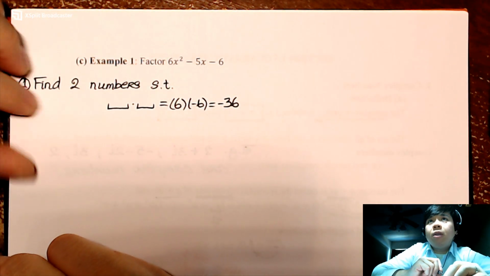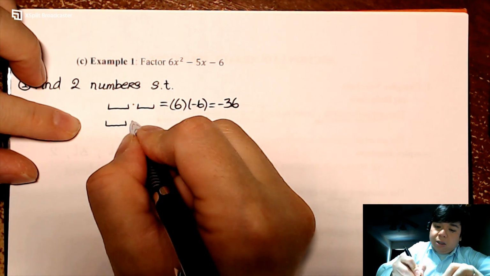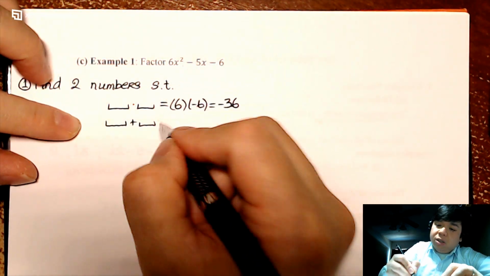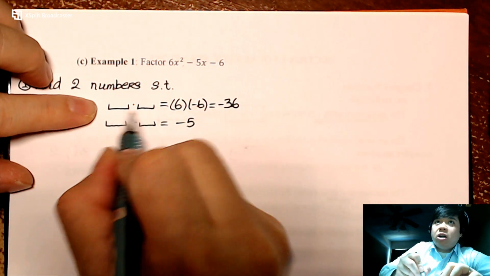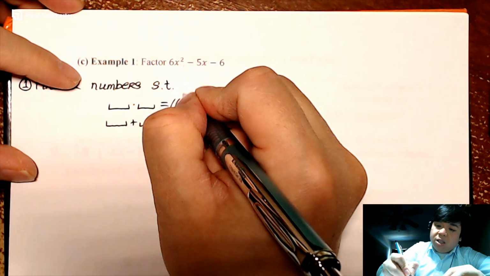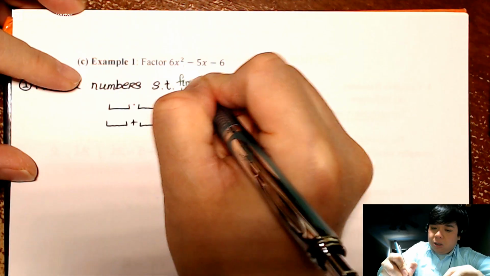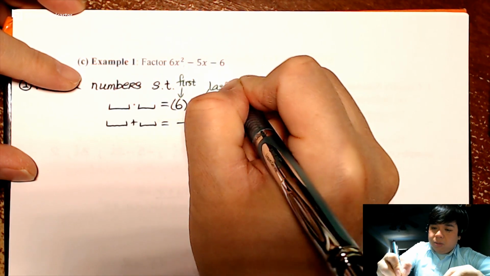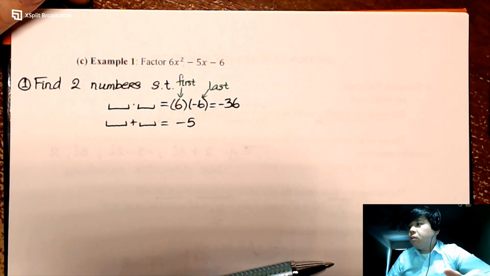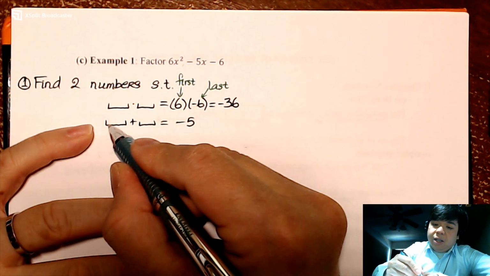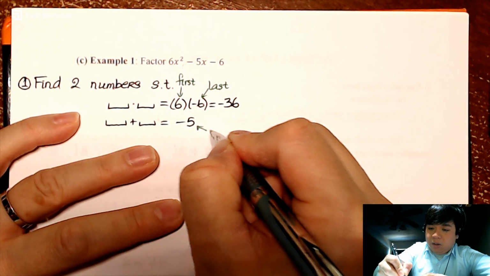And now they add to the middle number, which is -5. So we need two things multiplied together equal to first times the last, and the two things add up to the middle number.